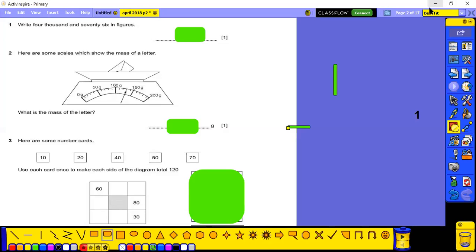One second, I'm just checking the chat because again I can't see it. Okay, bismillah.